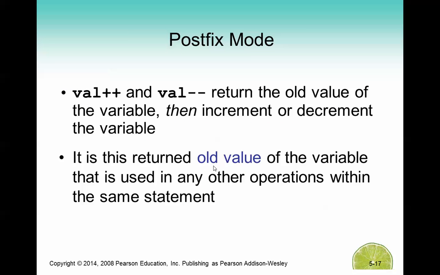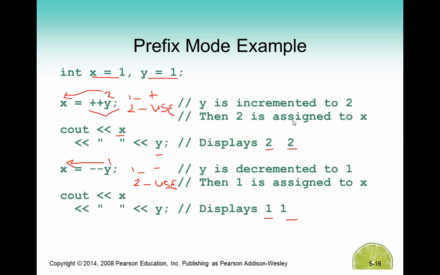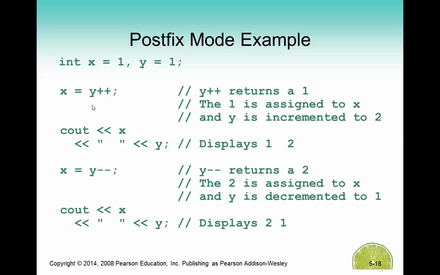I return the old value and then I increment or decrement. So what is the old value here? In y, it's a 1. So that 1 is going to be sent to x. So in x I have a 1, and in y I still have a 1. And then I have plus plus, so that means add. So now the 1 is going to change to a 2.